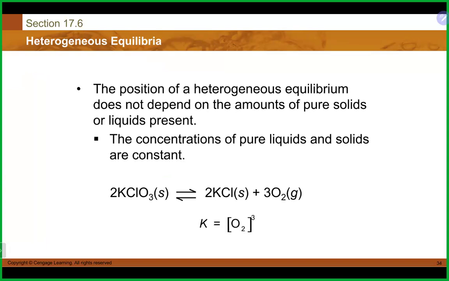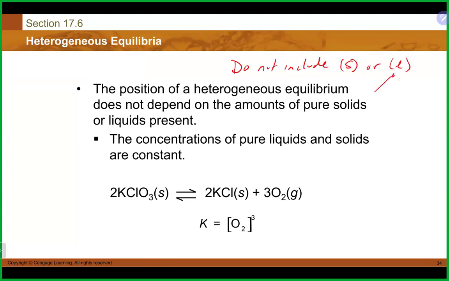Now, as we talked about previously, the position of an equilibrium is not dependent on pure solids and liquids. And again, we do not include those. That is why we do not include anything that's a solid or a liquid.